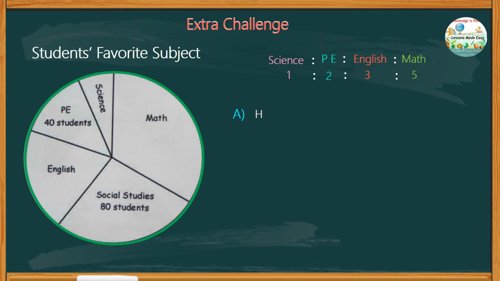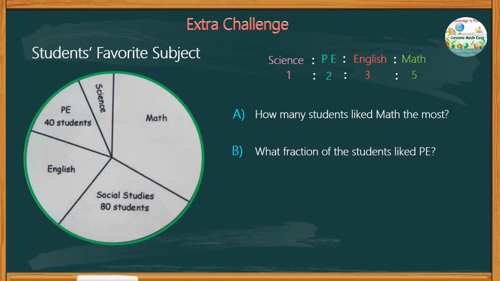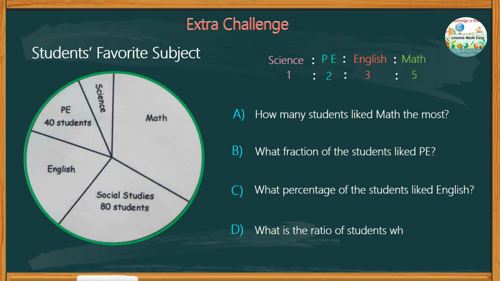Letter A. How many students liked math the most? Letter B. What fraction of the students liked PE? Letter C. What percentage of the students liked English? And letter D. What is the ratio of the students who preferred math to social studies?